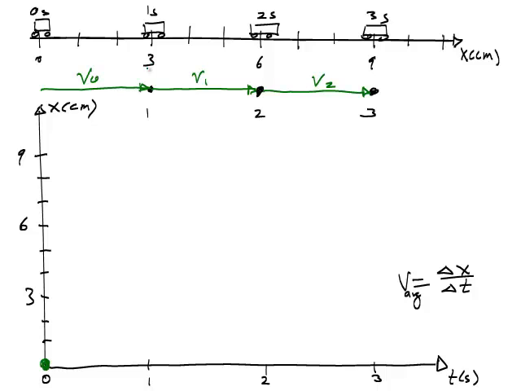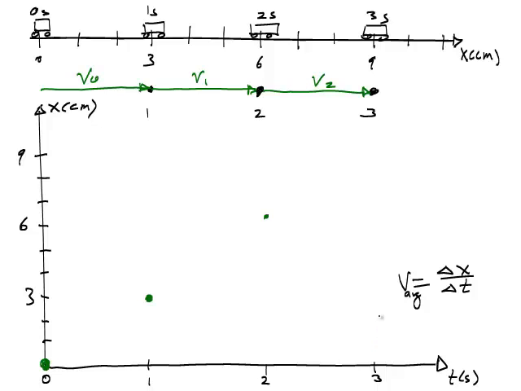At 1 second, I'm at 3 centimeters. So at 1 second, I want to place a dot at 3 centimeters. At 2 seconds, I'm at 6 centimeters. So I want to place a dot there, and that's right about here.